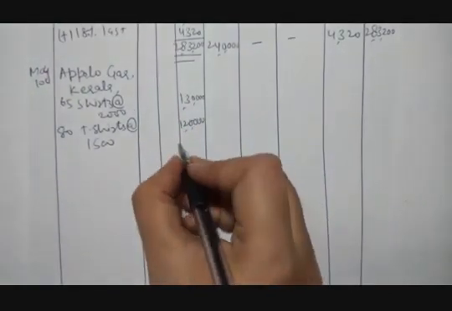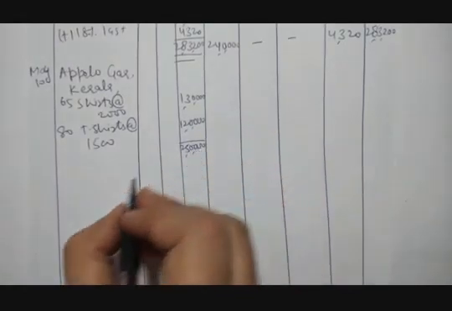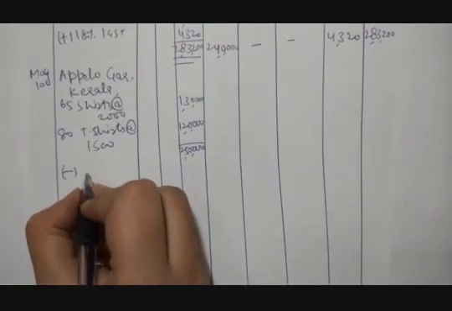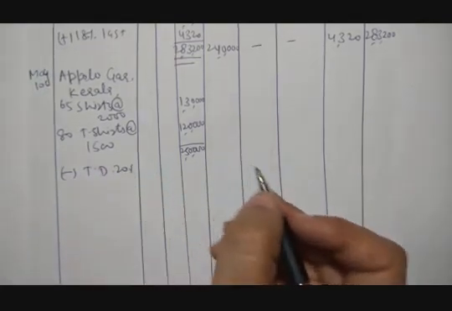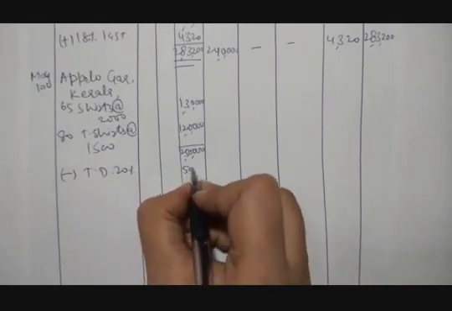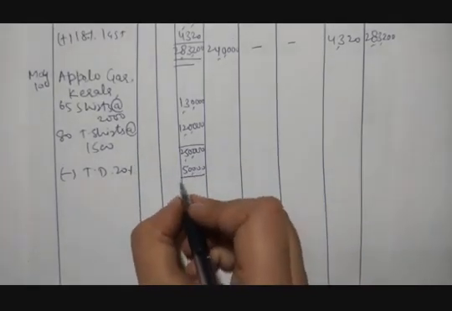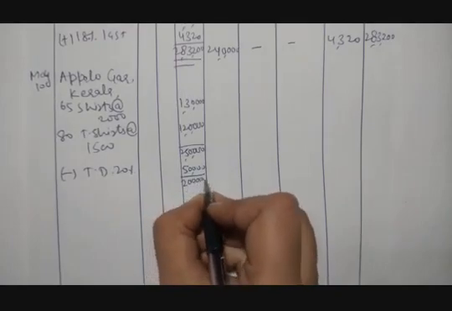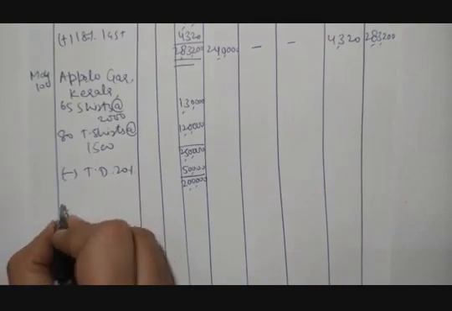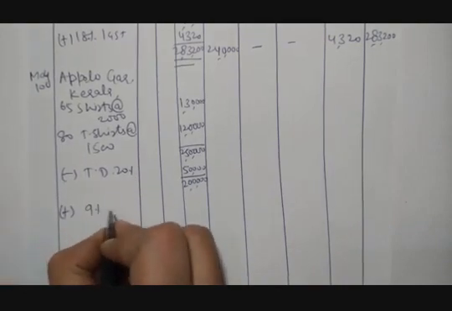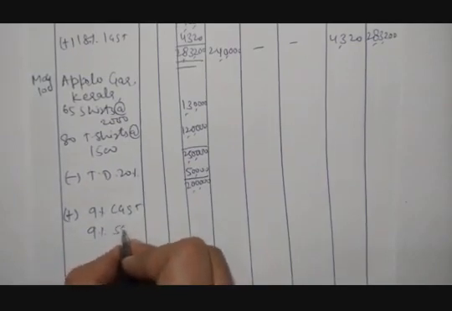Fine beta. Now the total will be 2,50,000. Let's see trade discount. Now we will have to deduct trade discount here. That will be 20%. So 20% of it will be 50,000. Now the total amount is 2 lakhs. Now we will have to see CGST and SGST as well. So here we will add 9% CGST and 9% SGST.